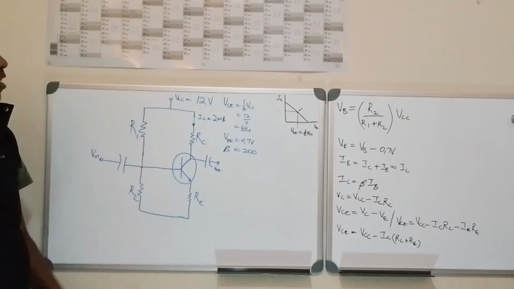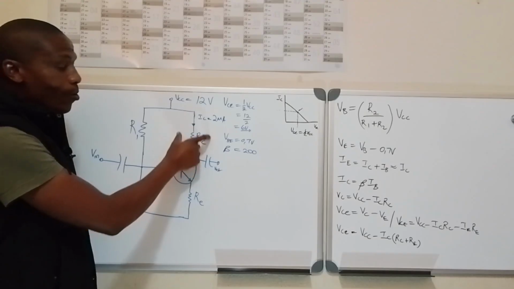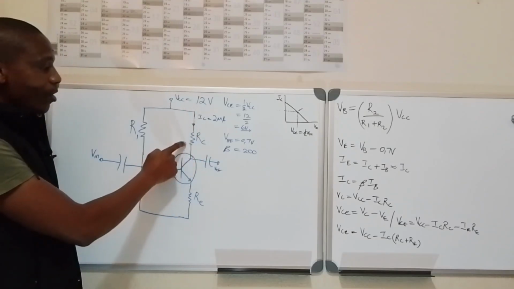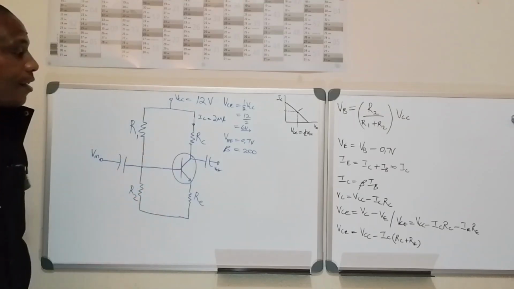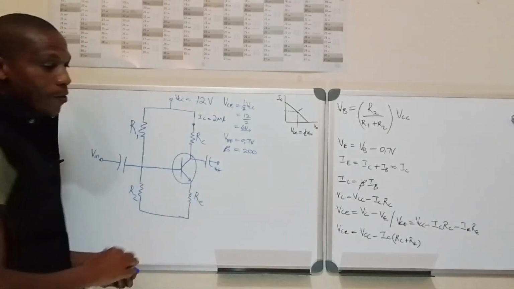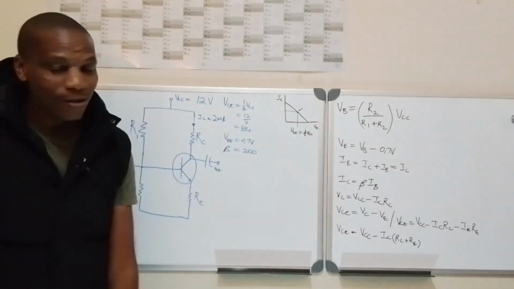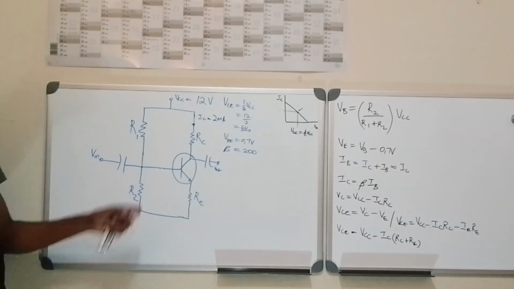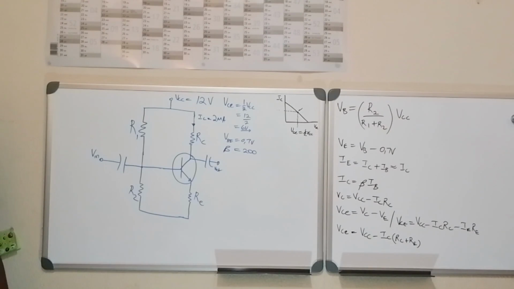We decide how much current we want to allow to flow through this collector, so that you can come up with the value of a resistor that you can put here as RC. So now we also have another value, which is IC. We can also have a look at these formulas there on the side, so that you can determine the value of the resistors and the capacitors and so on.